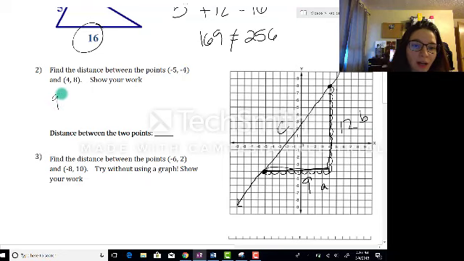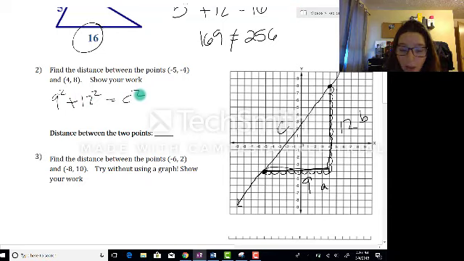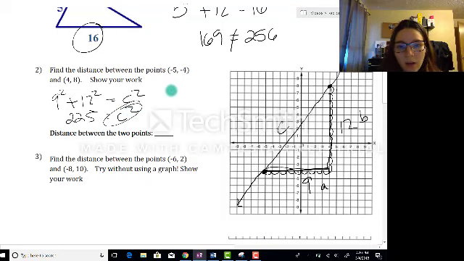So I end up with 9 squared plus 12 squared equals C squared. All in all, this ends up being 225 equals C squared. Remember that when anything is squared, this is literally C times C equals 225.